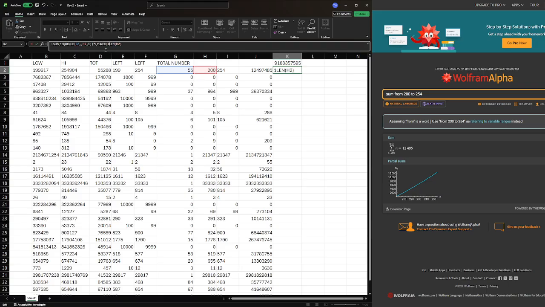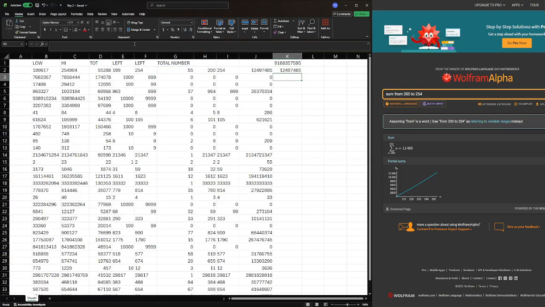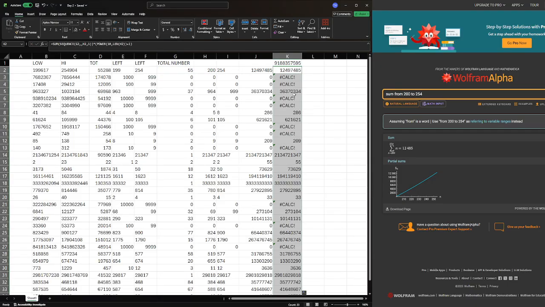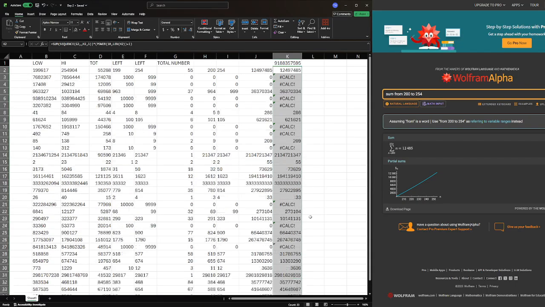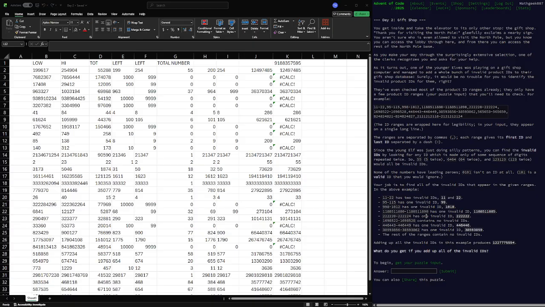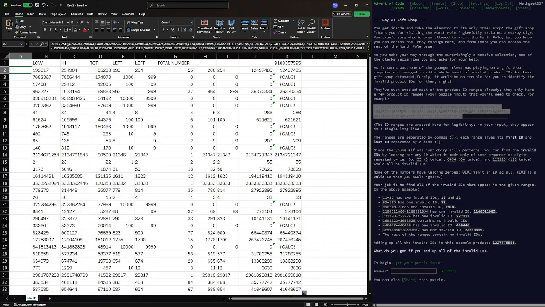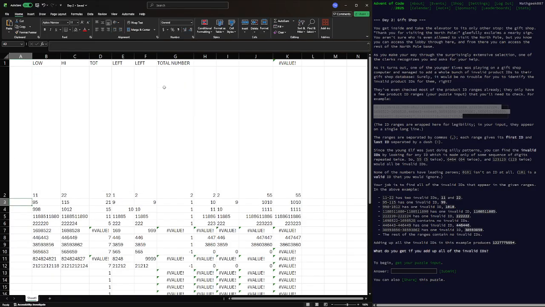We're going to do power 10 to the power of 3 plus 1. Oh no, it's the same thing. What's the problem here then? Okay, let's come to the actual. Let's paste this and see what happens.